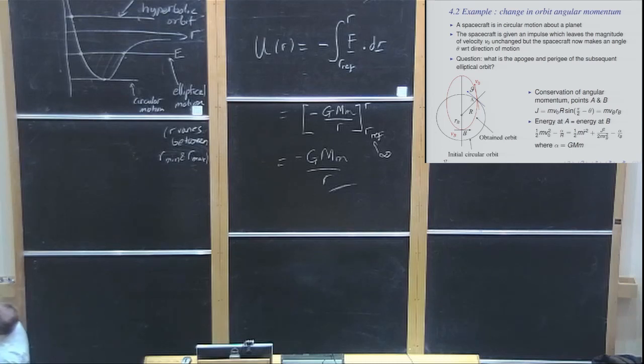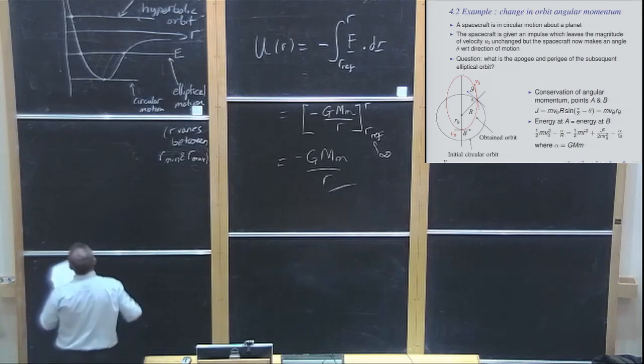Okay, so it starts in this black orbit, and at this point here, it's given a prod such that its direction changes and it's going up here. Okay. But the velocity does not alter.